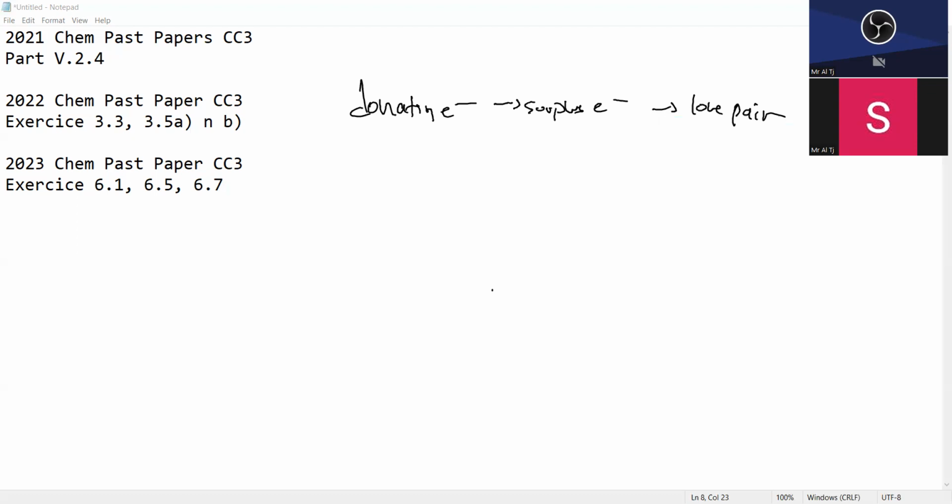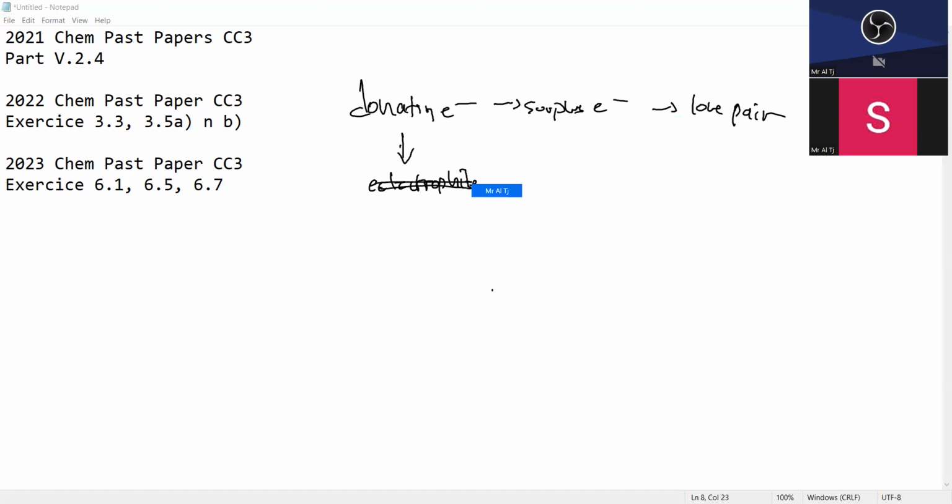The lone pair is the highest electron. The electrons you have here come from the highest part of the molecular orbital that you have. Donating electrons, we see previously, this one is the electrophile. Oh, my bad.